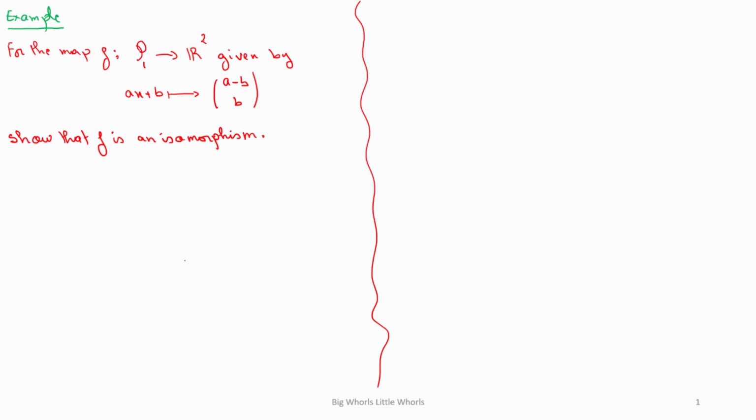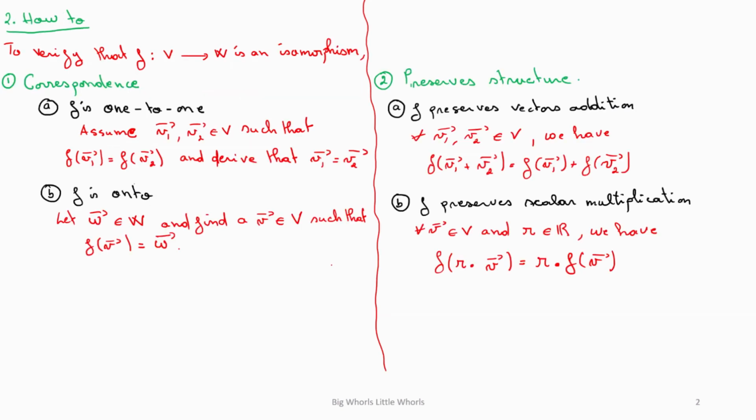If you remember from our previous video, we have seen how to show that a map is an isomorphism. We have to show two main things, or four in total. The first is a correspondence: we need to show that f is 1 to 1 and f is onto.